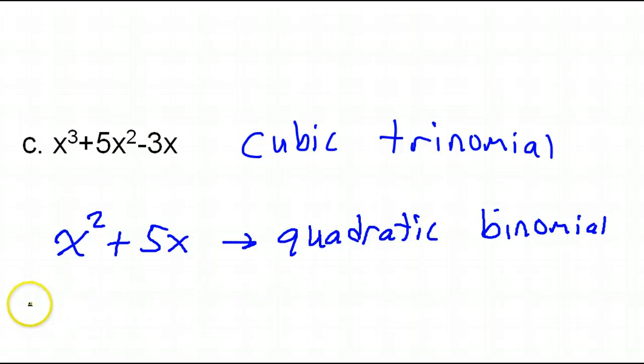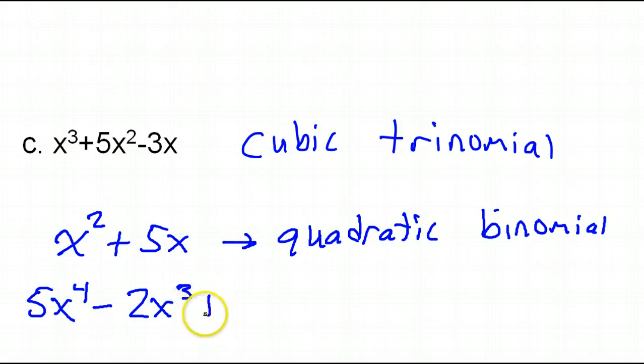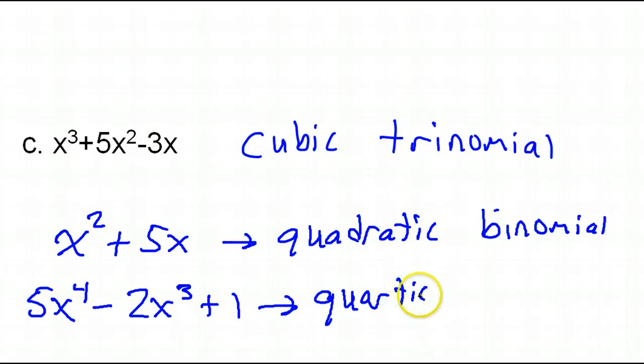And degree 4, okay, if I had 5x to the 4th power minus 2x to the 3rd power plus 1. When you have degree 4, that's called quartic. So this would be a quartic trinomial. Anything over 3, and we just say polynomial.